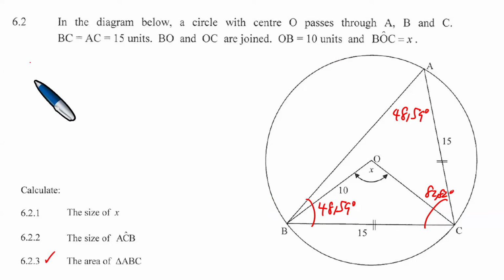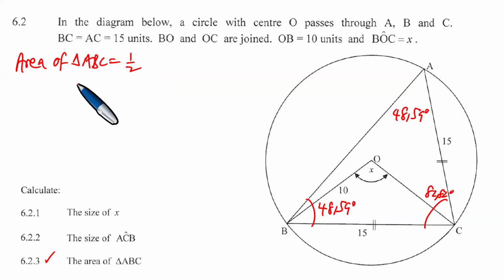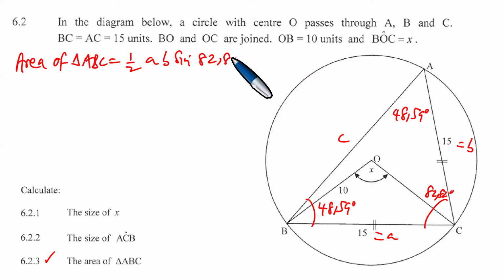So in 6.2.3, you're going to say the area of triangle ABC is, because A equals A, B equals B, and C equals C, half AB times the sine of 82.82 degrees.